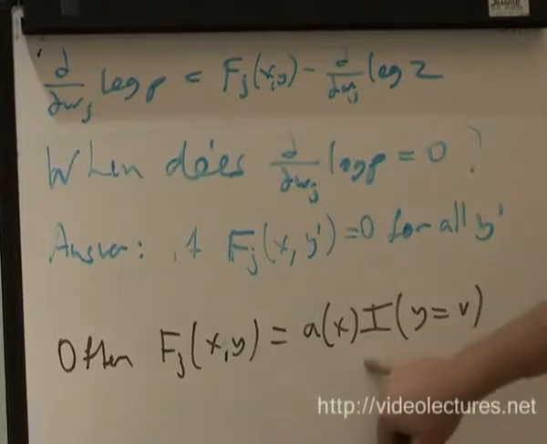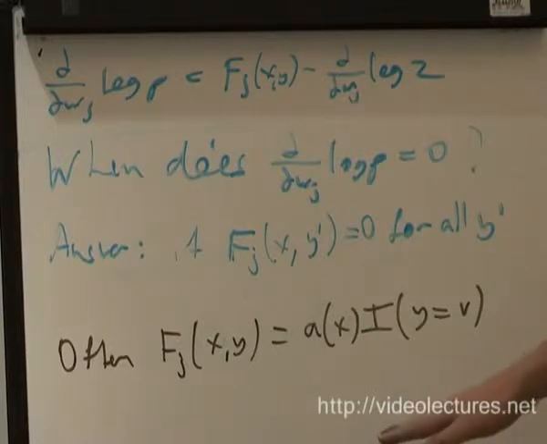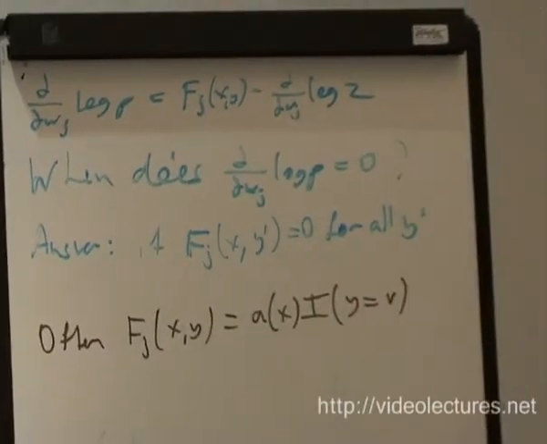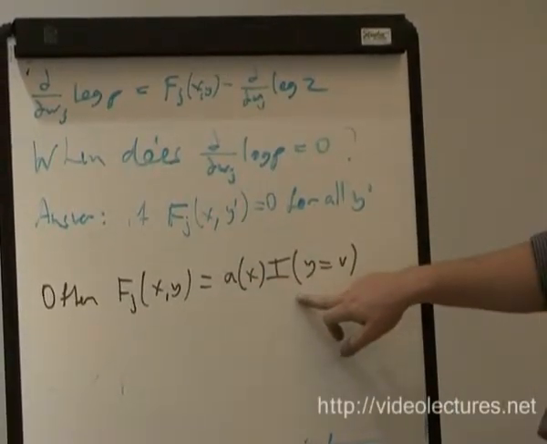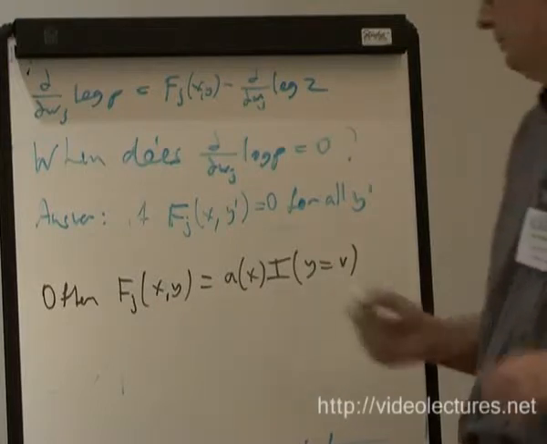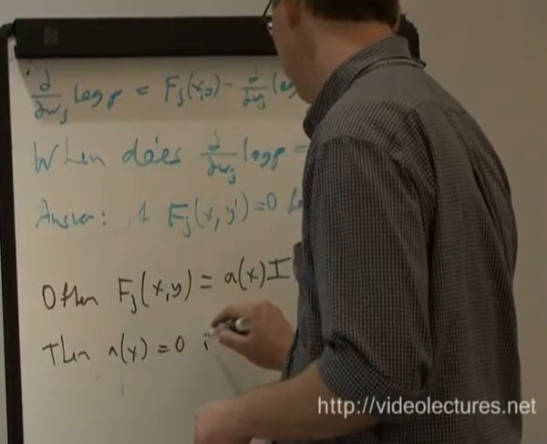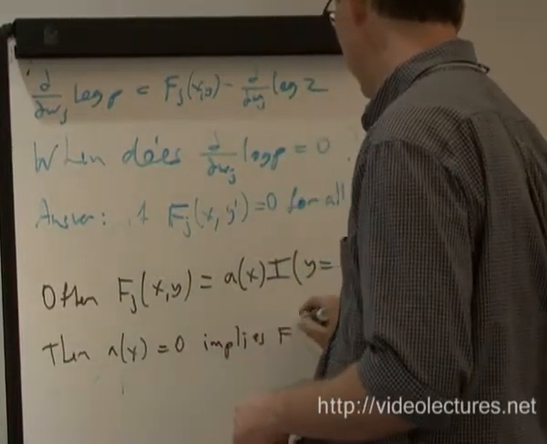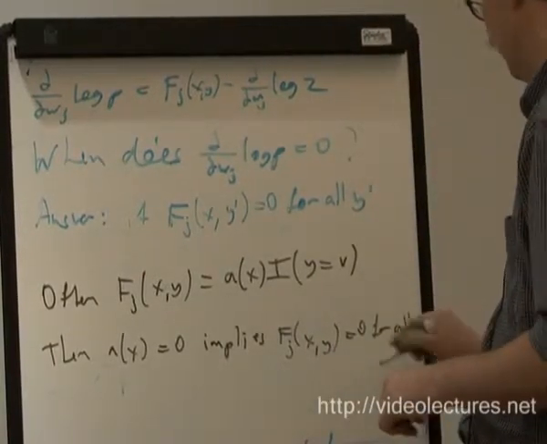The regular feature is a of x, and then we make a separate feature function for each possible value of the label y. So we have the feature function of this form. And then this is going to equal 0 for all y if a of x equals 0. So a of x equals 0 implies fj of x y equals 0 for all y.